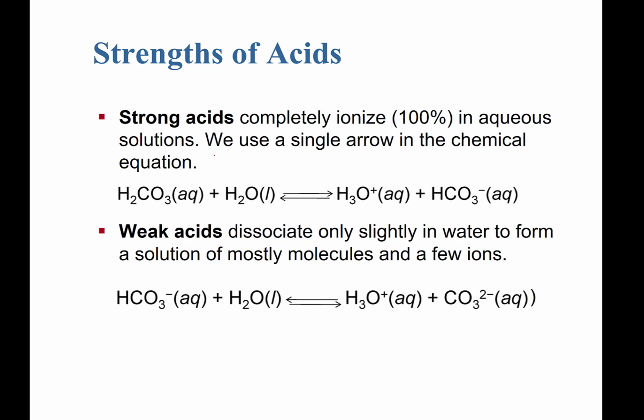If we wanted to look at HCl, I have a single arrow right here. That's going to tell me that it's a strong acid. A weak acid only partially separates into ions. Some of those ions still stay together, and we're going to recognize that by having a double arrow, one that goes forward and backward. It's reversible.